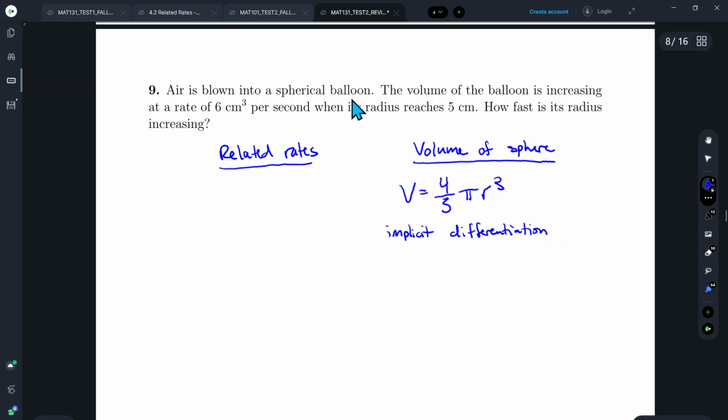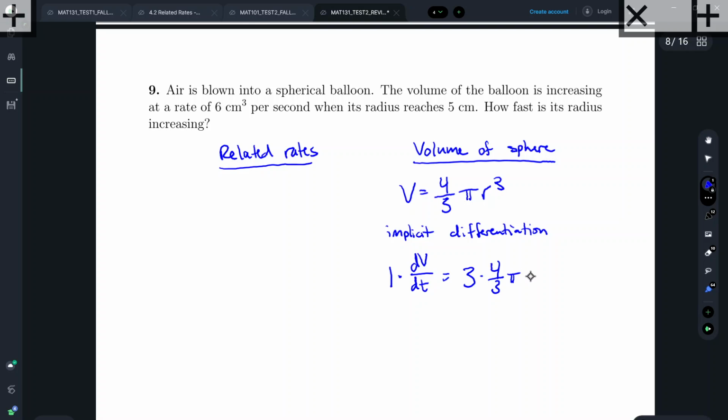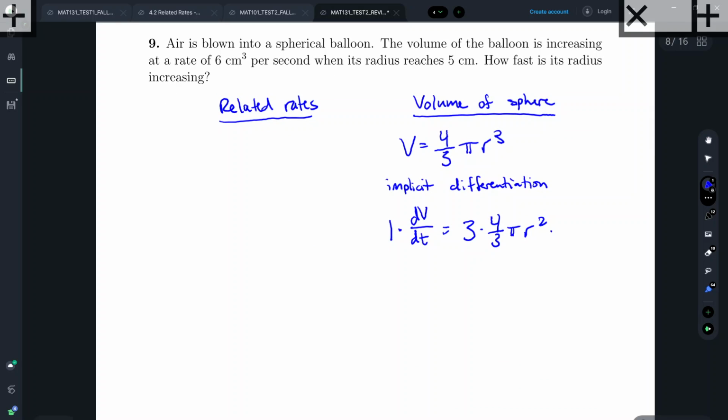So the derivative of V would be 1, but because it's implicit differentiation, I put the derivative, which is dV/dt, and then I take the derivative of the right hand side, so the power rule for r cubed, so the 3 comes down times 4/3, and then pi, and then I decrease the power, so it becomes r squared. And then again, implicit differentiation means I write times dr/dt. Okay, so that's what we have.